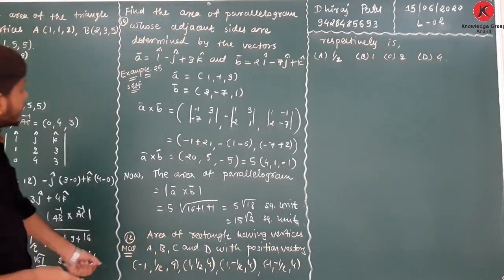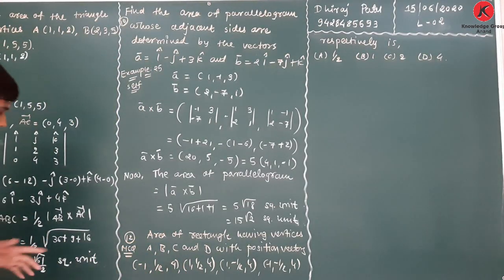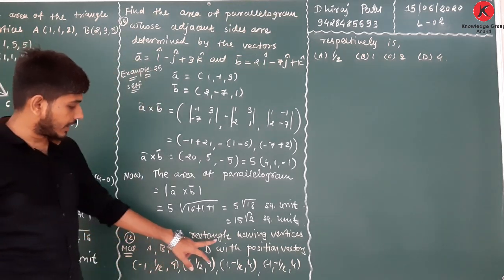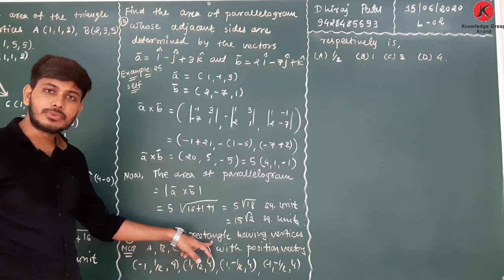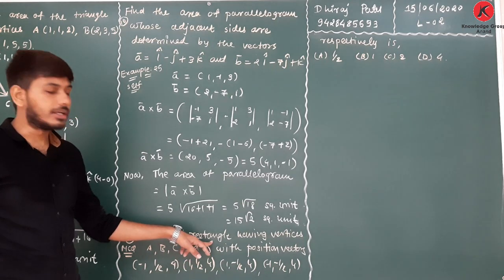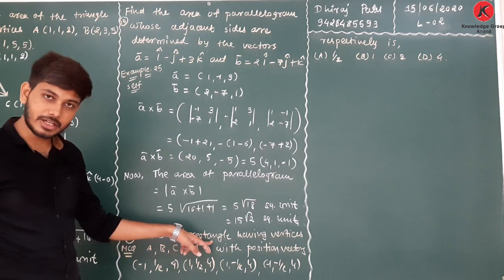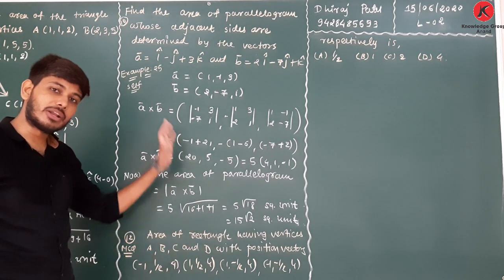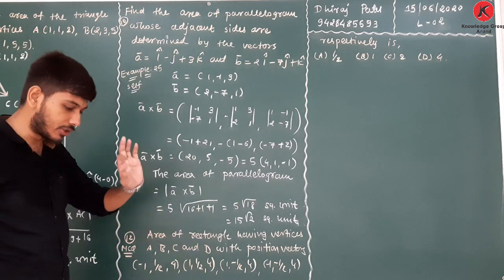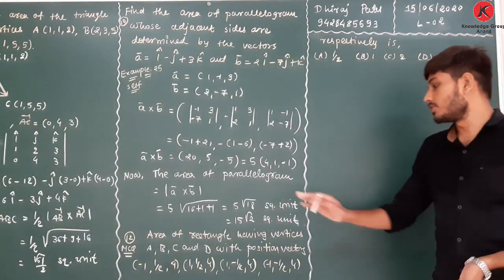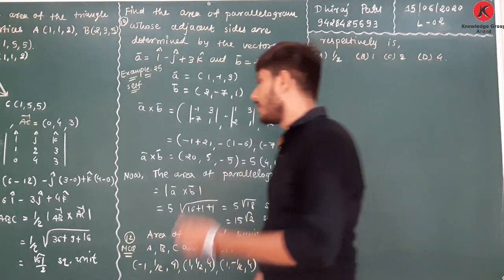Now exercise 10.4 question number 12, which is an MCQ type question. Area of rectangle: there is no separate formula, because a rectangle is also a parallelogram. So whatever calculations you do for a parallelogram are the same for a rectangle.